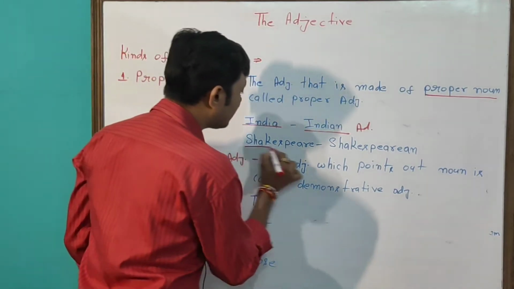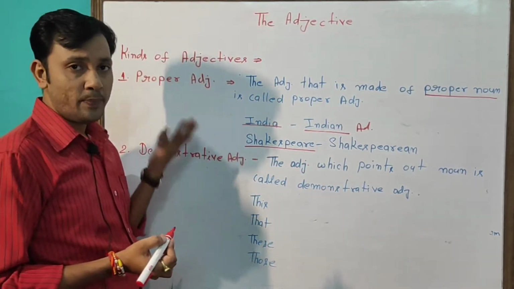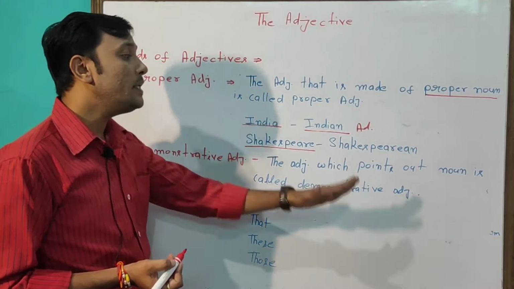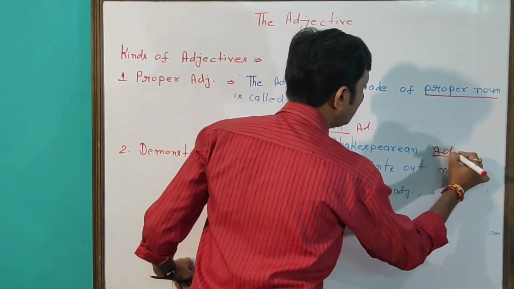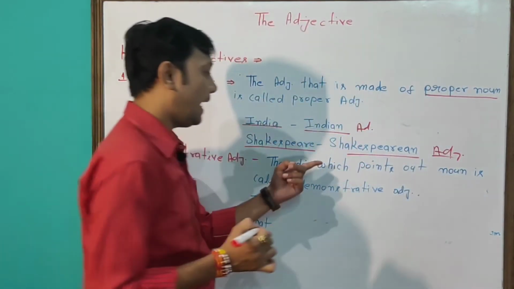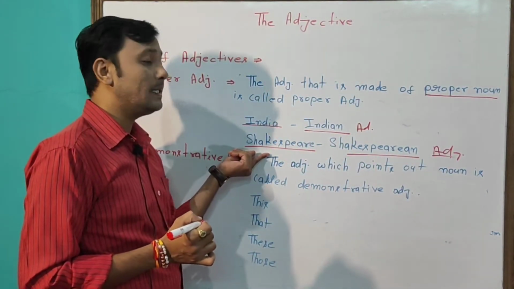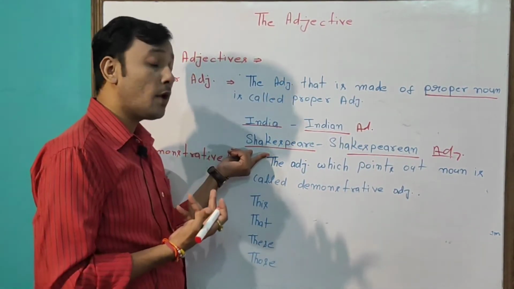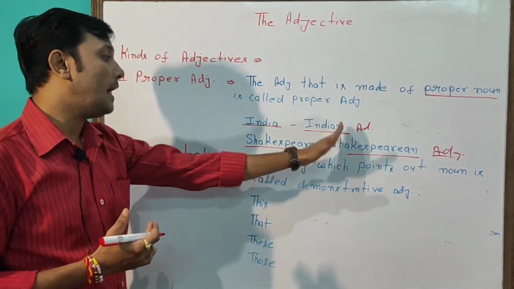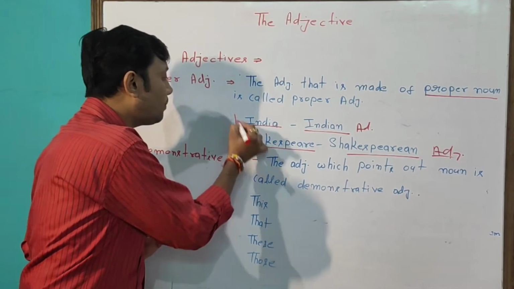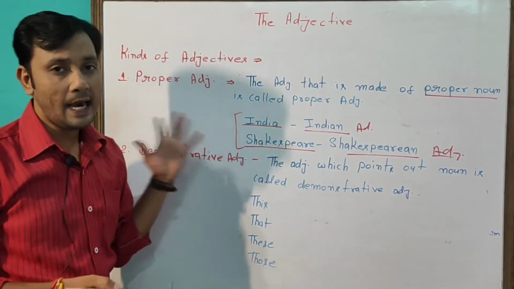Same as Shakespeare. Shakespeare is the name of the author, and Shakespearean is an adjective. Shakespearean play. Here the word Shakespearean is used as an adjective and the word Shakespeare is used as a proper noun. So the adjective that is made up from a proper noun is known as a proper adjective.